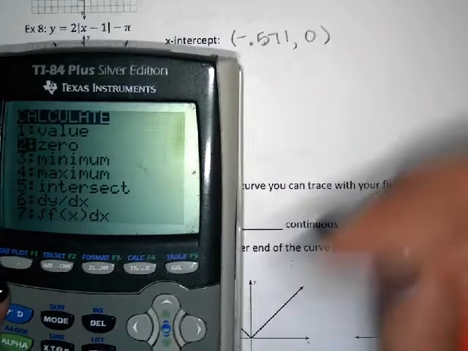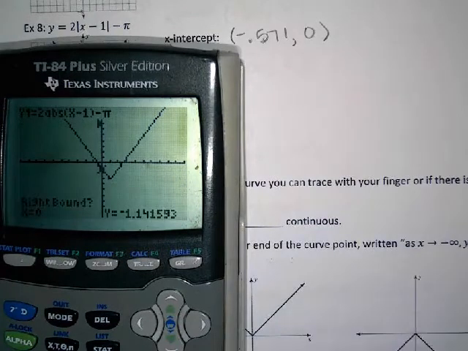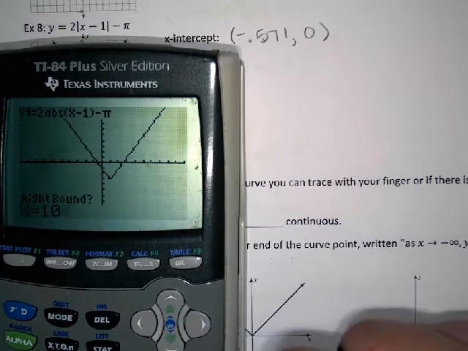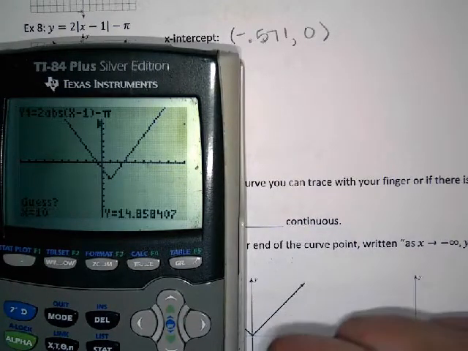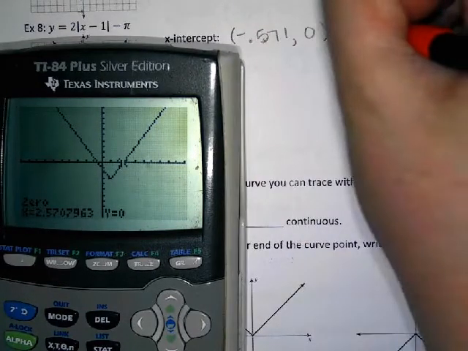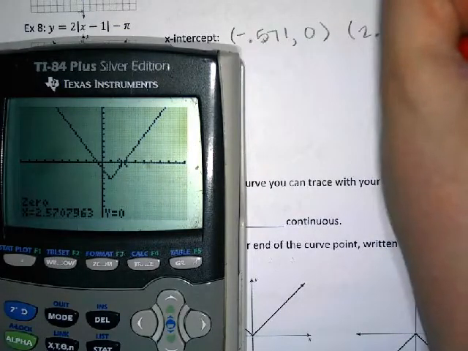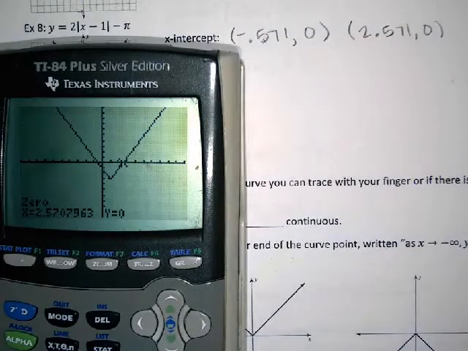For my right side I'm going to type 10. And then it gets my other X-intercept. Were we all able to get that?